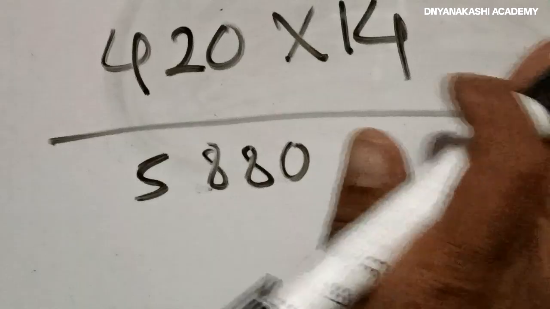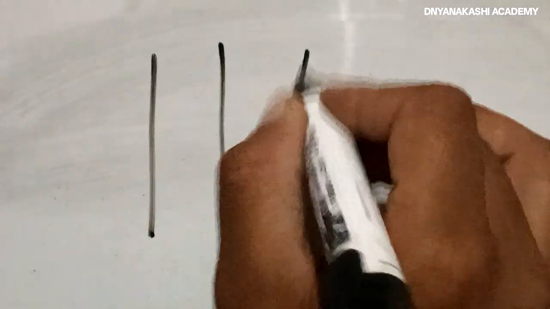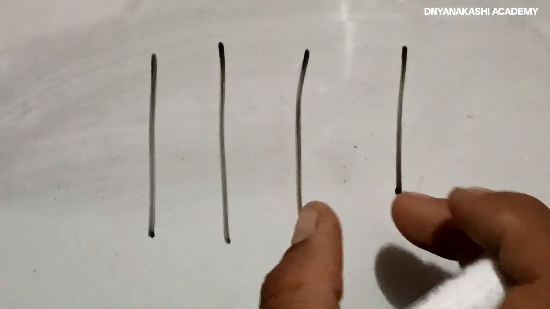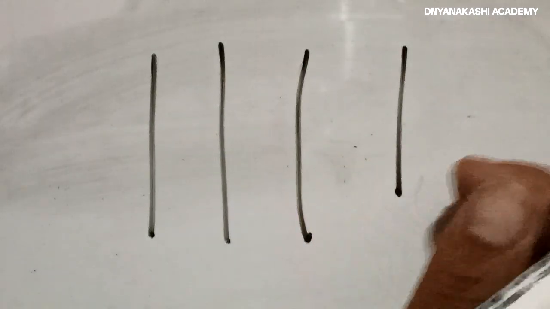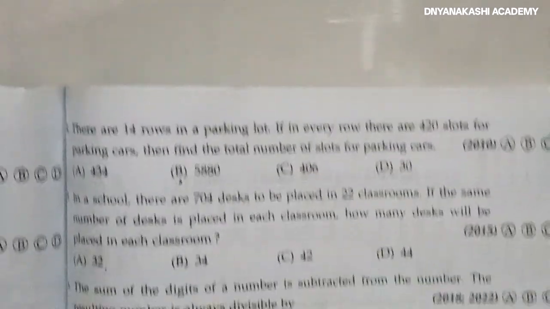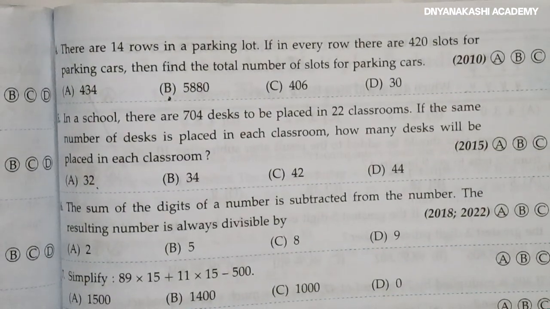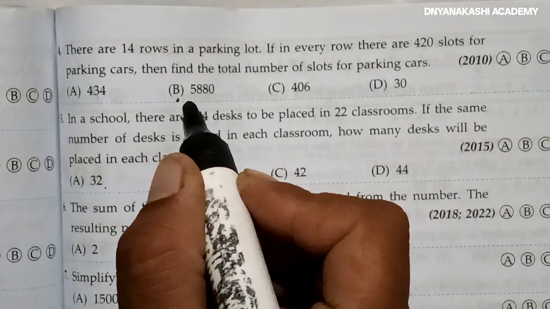Just multiplication. How to understand this question? How many rows are there? In each row, how many cars are standing here? That is the multiplication here. 14 rows are there, and every row has 420 parking slots. Option B is correct here.